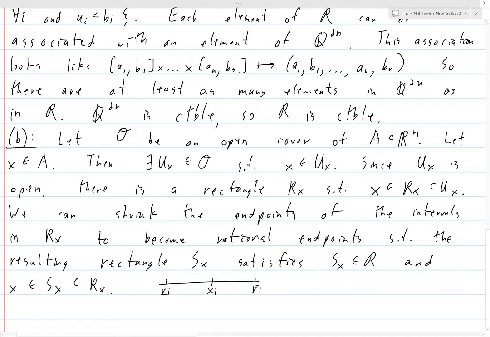Because we're on the real line here, you can choose rational numbers here and here, so we'll call these qi lower and qi upper, which are rational endpoints strictly between the endpoints of the original rectangle, such that this interval still contains the ith coordinate of x.